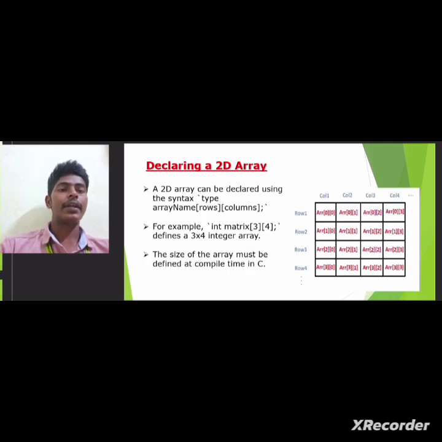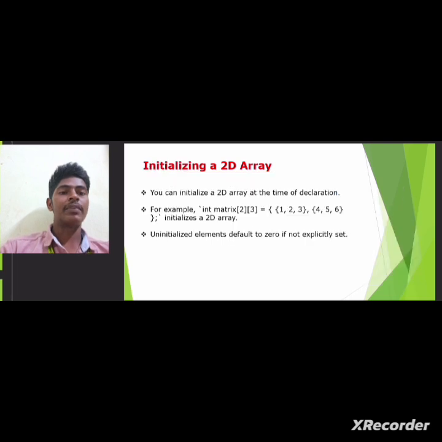Declaring a 2D array: a 2D array can be declared using the syntax type array_name[rows][columns]; for example, int matrix[3][4]; defines a 3 cross 4 integer array. The size of the array must be defined at compile time in C.